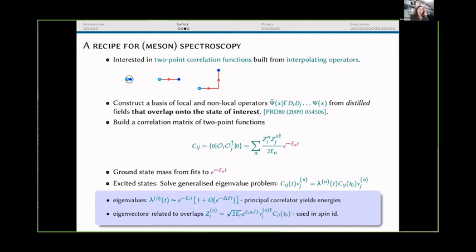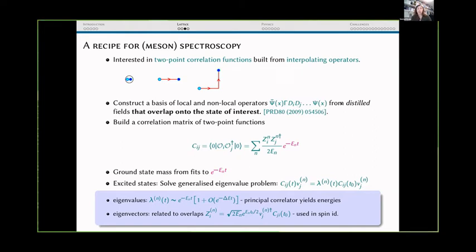So we construct a basis of these operators, which are fermion bilinears. We have quark fields psi and psi bar with some structure in between, where the gamma is the Dirac gamma matrix, and the derivatives D can be represented. You can have as many of these derivatives as you like to form operators which overlap with the state of interest.